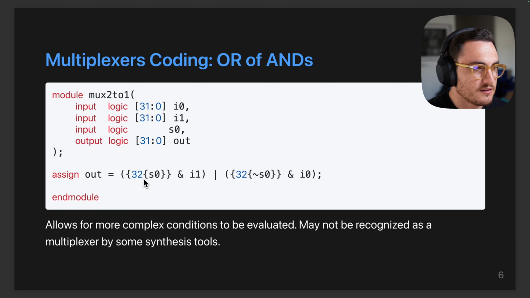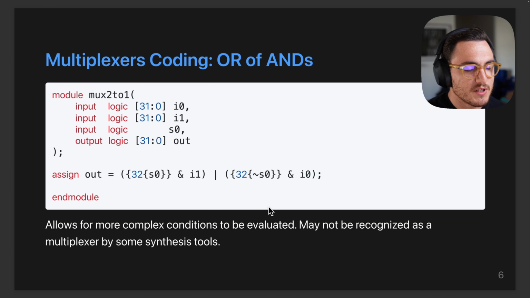The nice thing here is that you can allow a non-full tree, meaning that you can have multiple conditions and you don't have to exhaust all possible conditions for select signals. This is not something that's going to be extremely clear now. We're going to see when we start building the processor what this really means. But as of now, it allows for more complex conditions to be evaluated.